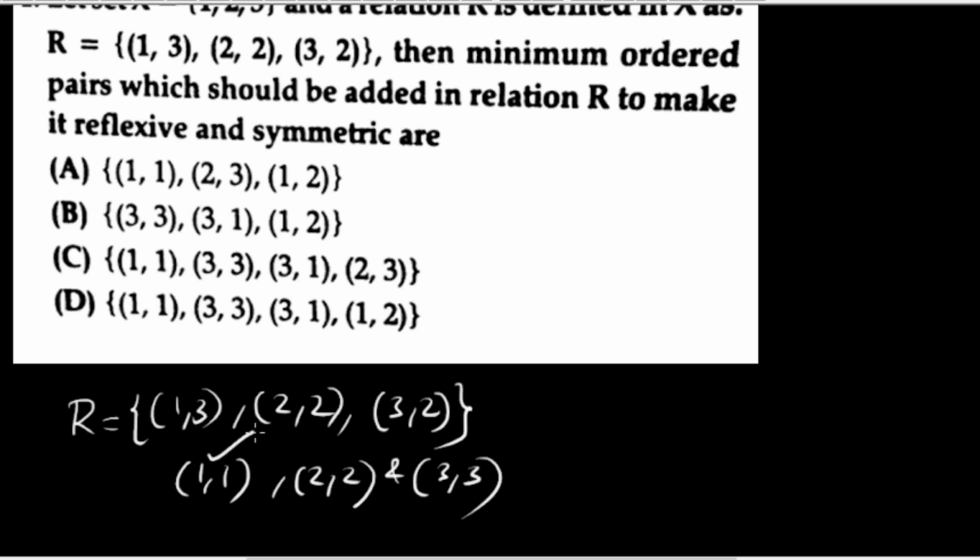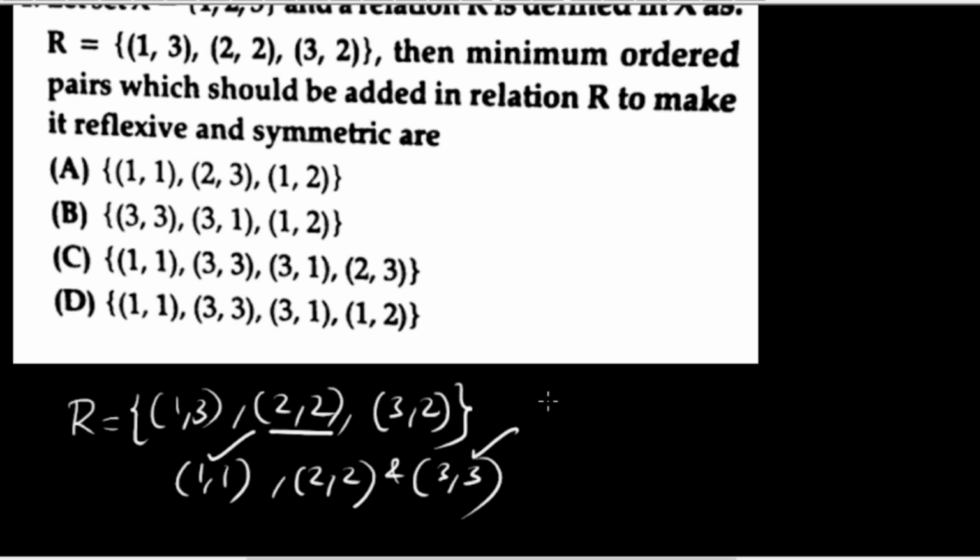For the relation R, we want the reflection to exist. So R is reflexive means it contains (1, 1), (2, 2) and (3, 3). So we need to add (1, 1) and (3, 3) to our (2, 2).